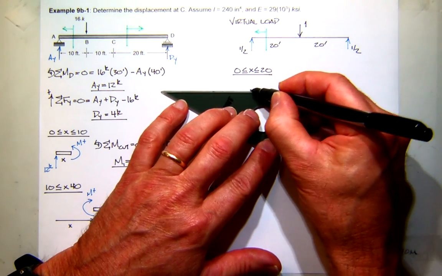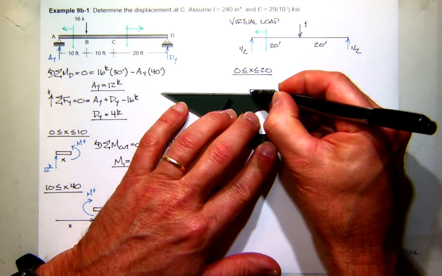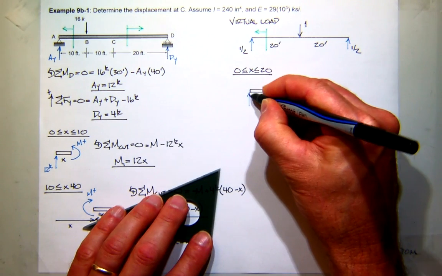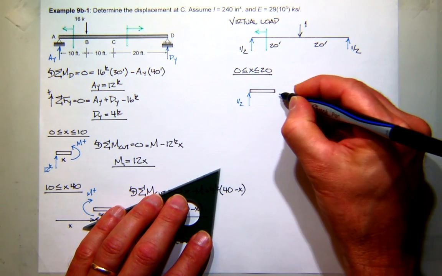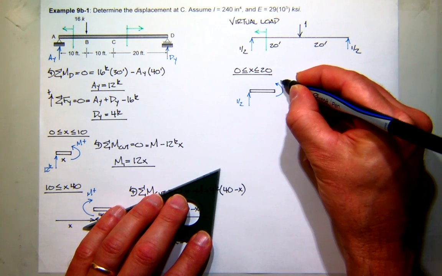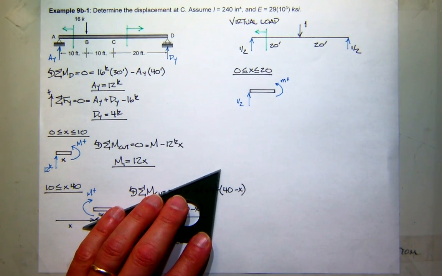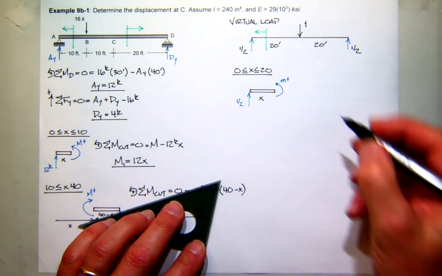So when I draw my free body diagram for that, I'll have my reaction, which is 1/2, and then internally I'll have the virtual moment. That's the positive sign convention for that at some distance x.